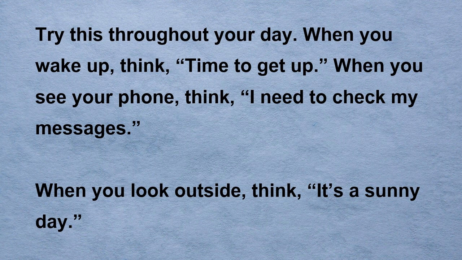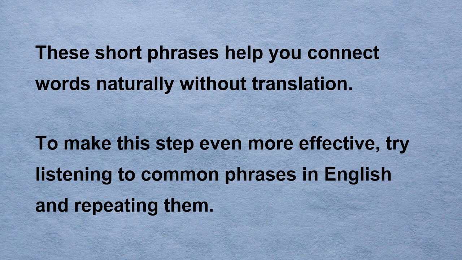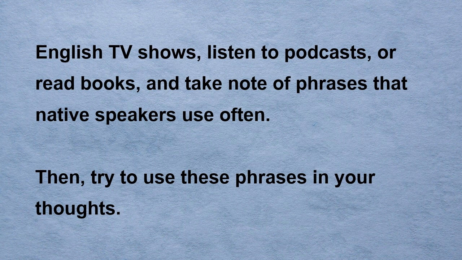When you look outside, think it's a sunny day. These short phrases help you connect words naturally without translation. To make this step even more effective, try listening to common phrases in English and repeating them. Watch English TV shows, listen to podcasts, or read books, and take note of phrases that native speakers use often. Then, try to use these phrases in your thoughts.